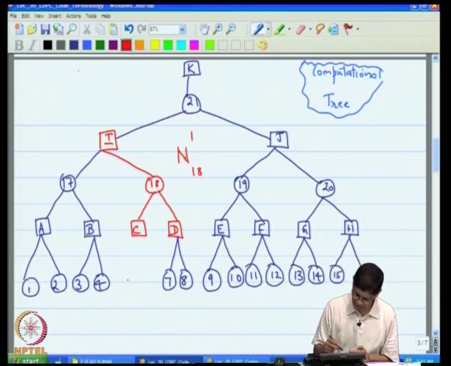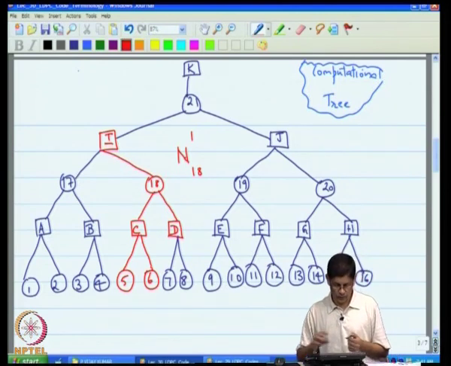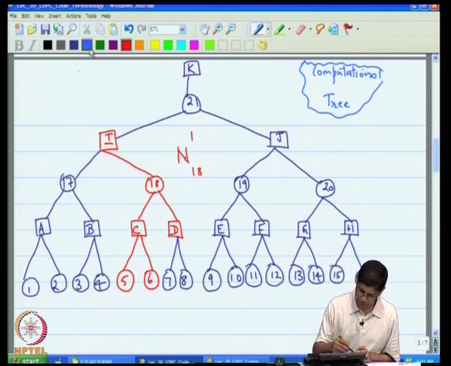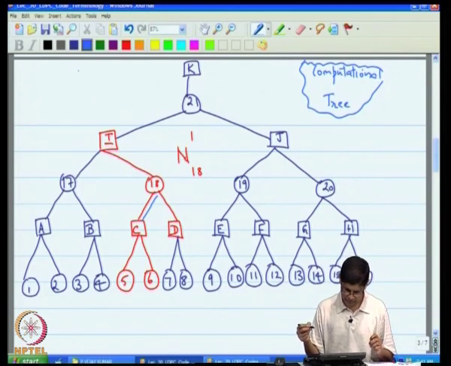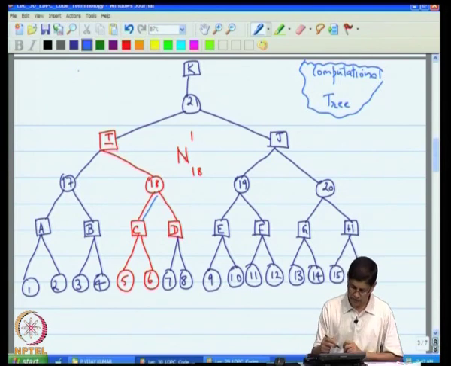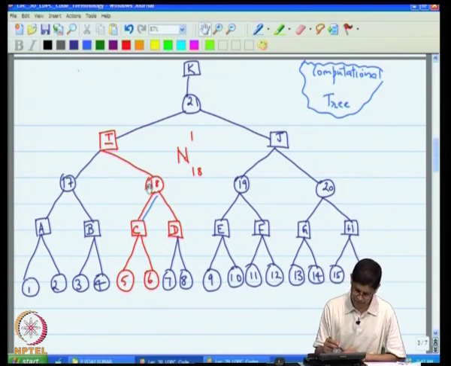So, if you are talking about the edge from 18 to C, then the one depth neighborhood of this edge is the union of the one depth neighborhood of this node and the one depth neighborhood of this node.